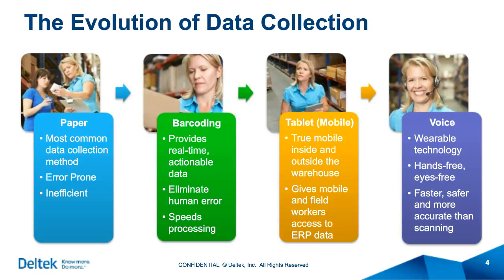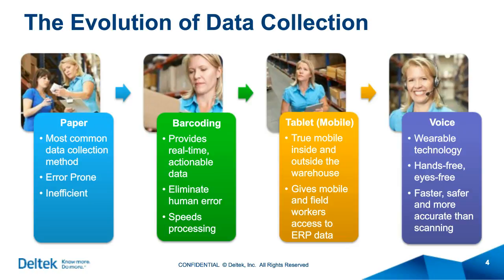Moving forward with the next evolution, we see that people started putting in real-time accessible data, having real-time access back to their ERP system. And by scanning, we eliminate a lot of the human error of writing items down and then having to key that information in at a later time. It also speeds up the process considerably.